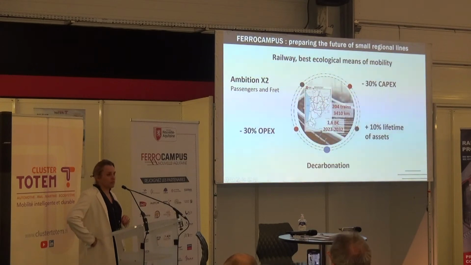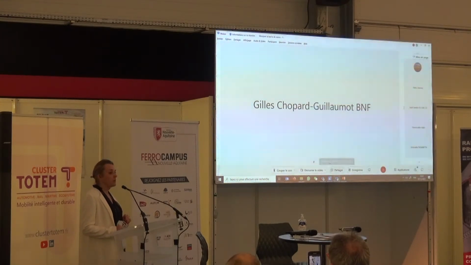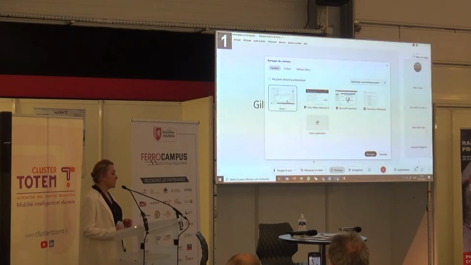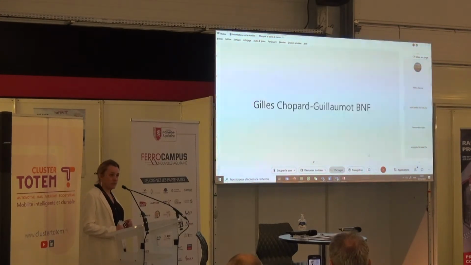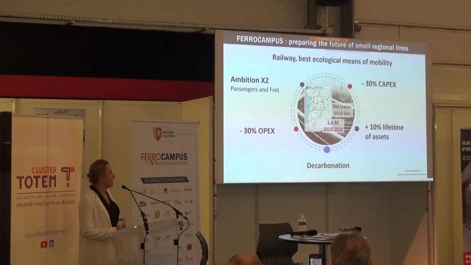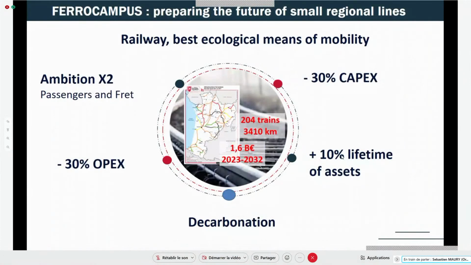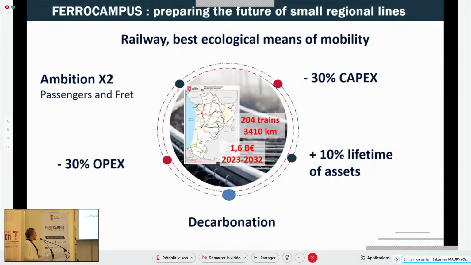But to get this goal, we have to make the global railway system sustainable, meaning decreasing by 30% the OPEX and the CAPEX, to increase also the lifetime of all the assets, I mean infrastructure and also railways.